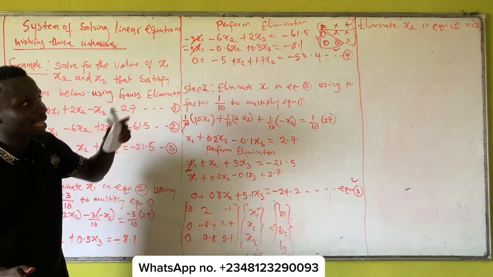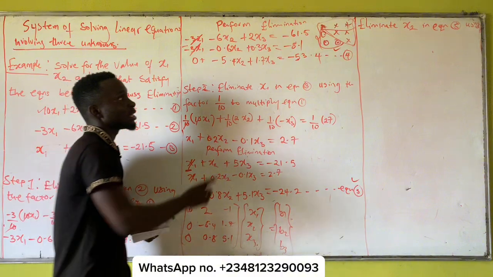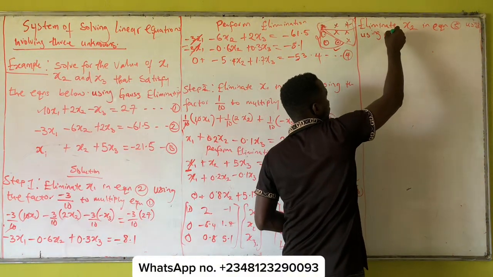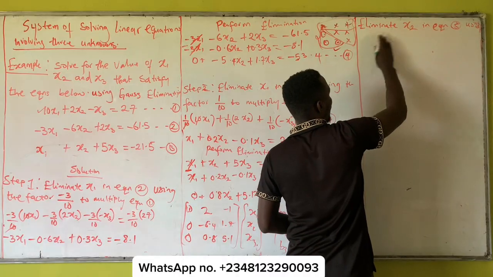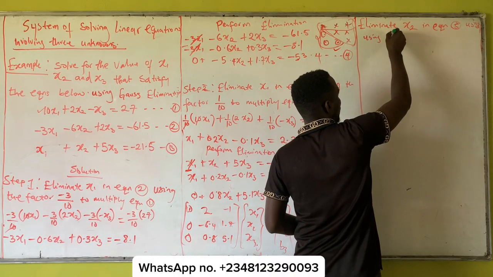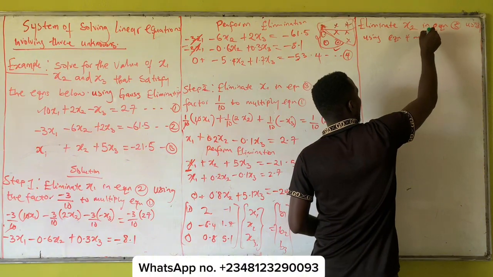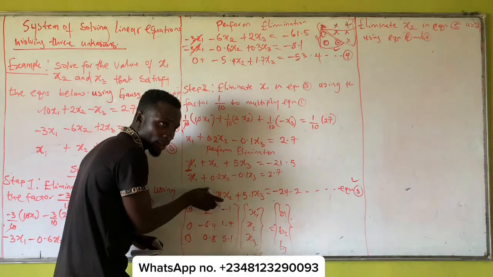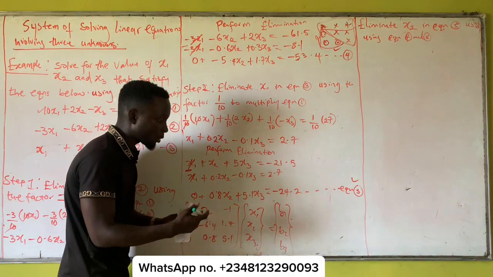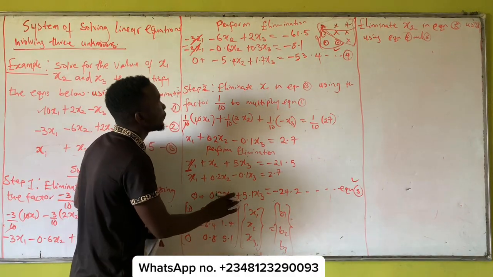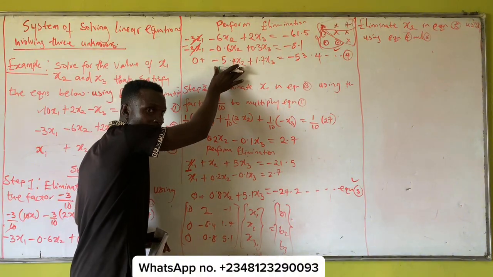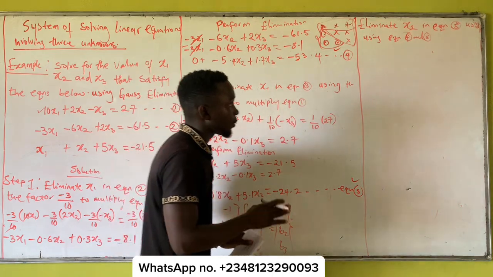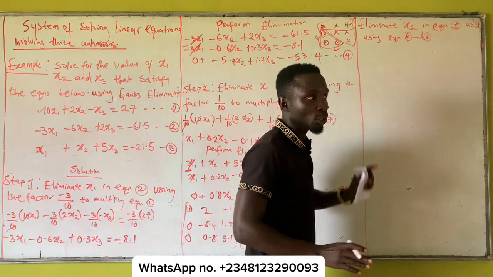Since we want to eliminate it from here, the factor becomes the coefficient of x2 here divided by the coefficient of x2 here. Now use that number, or the answer, to multiply equation 4.